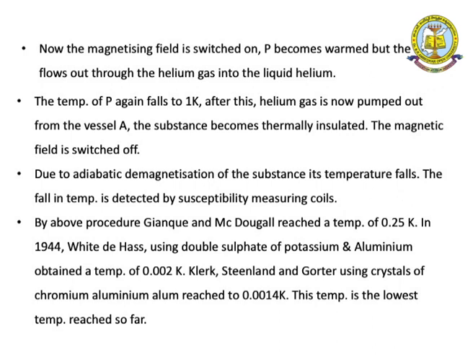In 1944, Whitehouse, using double sulfate of potassium and aluminum, obtained a temperature of 0.002 Kelvin. Next, Clark, Steenland and Gorter, using crystals of chromium potassium alum, reached 0.0014 Kelvin, the lowest temperature reached so far.